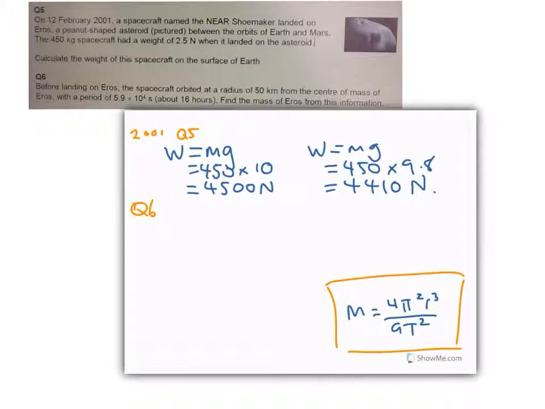So to calculate question 6, to calculate the mass of Eros equals 4 pi squared r cubed all over g t squared, which is equal to 4 pi squared times the radius.